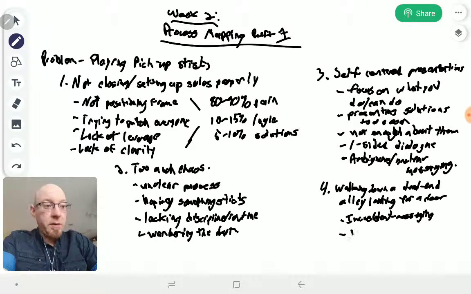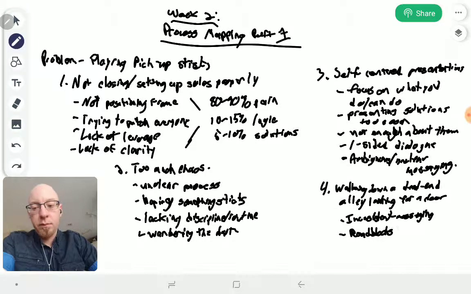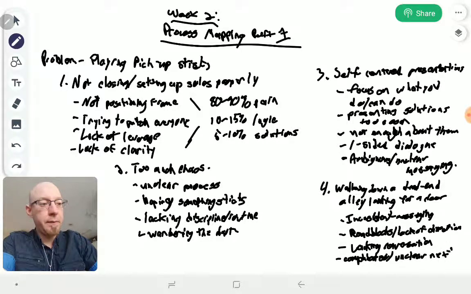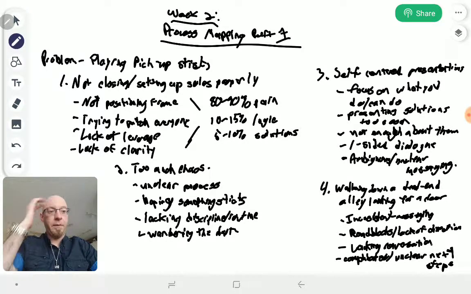Your flow is full of roadblocks, or lack of direction. It's lacking conversation. And complicated or unclear next steps. So let's break this down and define this a little bit for you.